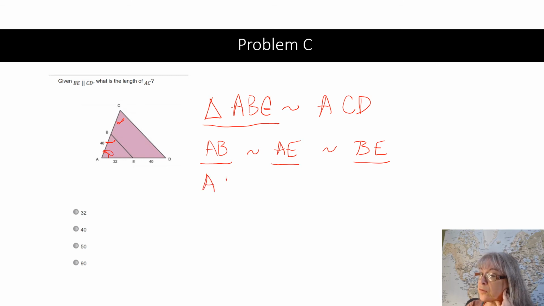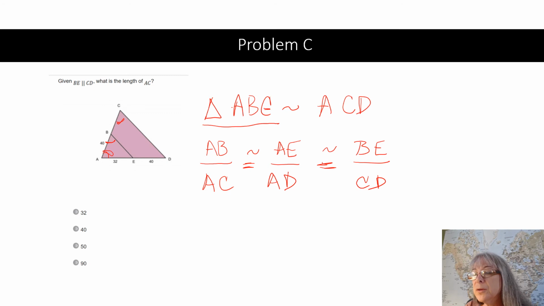A first and second, first and third, and now I can make my substitutions. I can replace my similarity with my equal signs, and now I can make my substitutions into my problems so that I'm able to continue and to solve the problem.